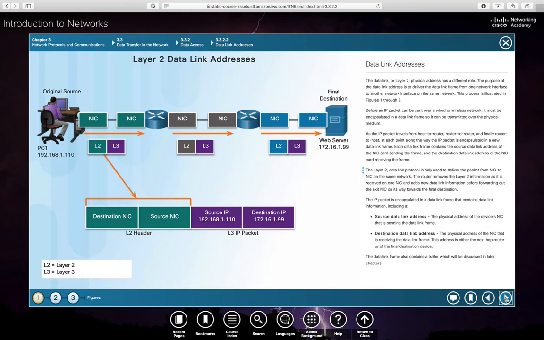So that was layer 3. At layer 2, what we have is MAC addresses. MAC stands for Media Access Control. You should probably know that. You should know at layer 2 we're talking about the local network, and that's where MAC addresses are used to communicate with other devices on the same network. An IP address uniquely identifies a machine within the world. A MAC address is a 48-bit number.